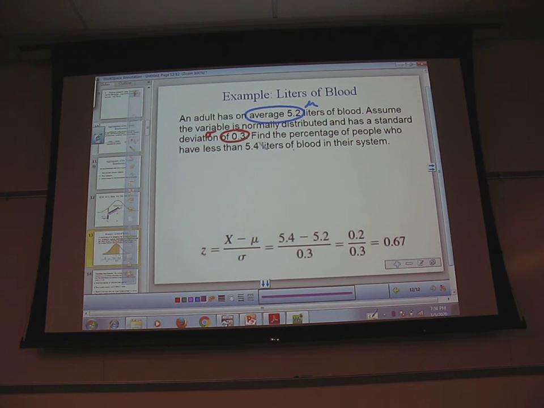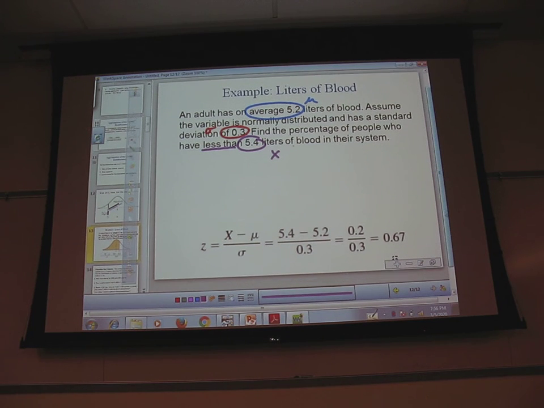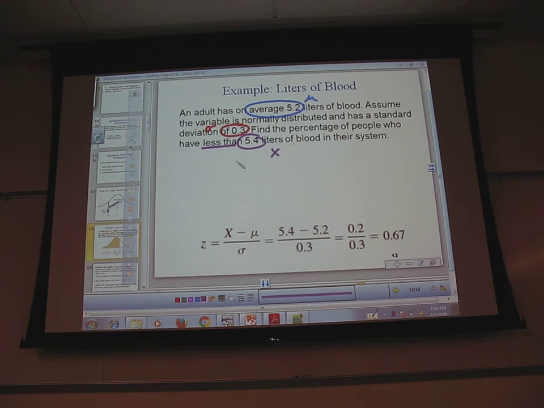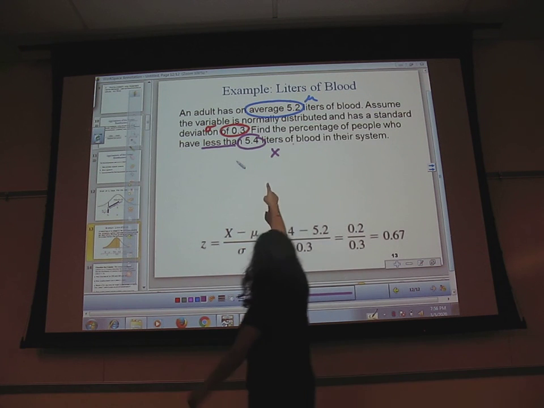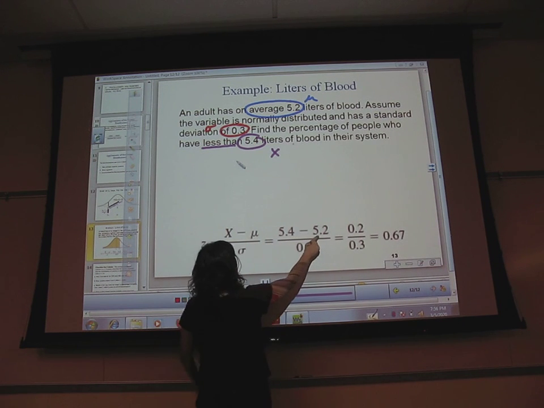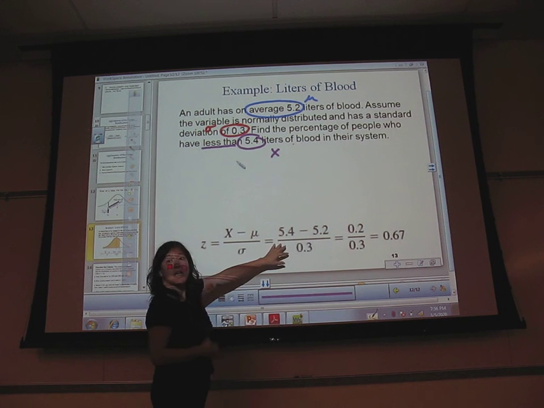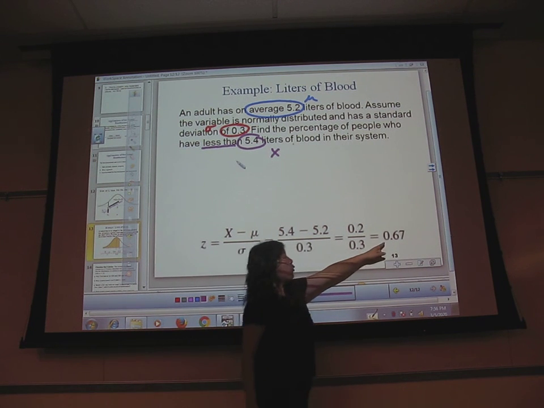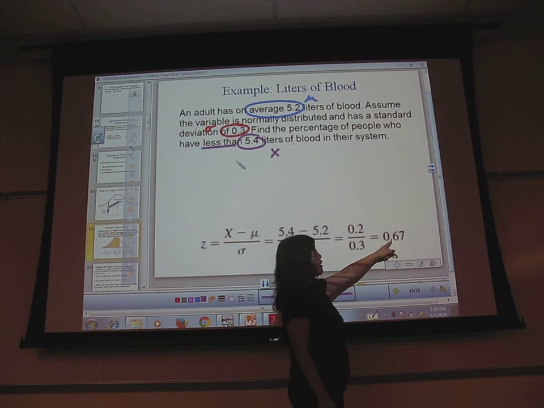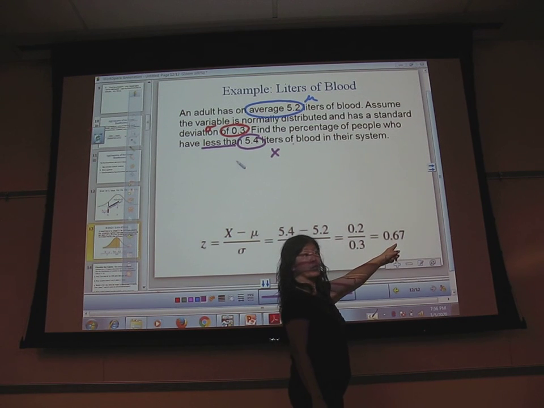What is this? That's my x value, right? And I want to find less than that. So I need to find the z-score for that x value. How far is 5.4 from the mean? Then divide by the standard deviation to get that in standard deviations. It is 0.67 standard deviations above the mean, because this is positive.